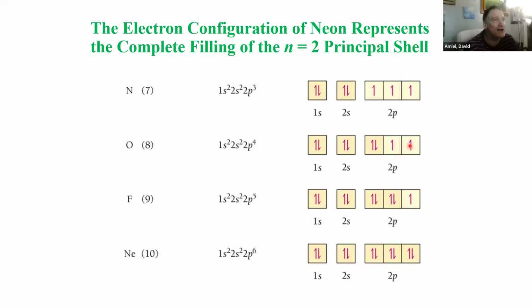If it gains 2 electrons, puts one of them in the py and one of them in the pz, it becomes isoelectronic, has the same electronic configuration as neon. This is a general pattern on the periodic table, that all of the atoms want to achieve a noble gas configuration. So oxygen is a double minus because if it gains 2, it becomes like neon.